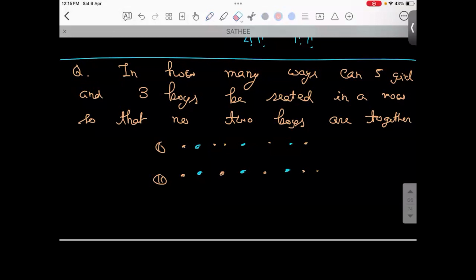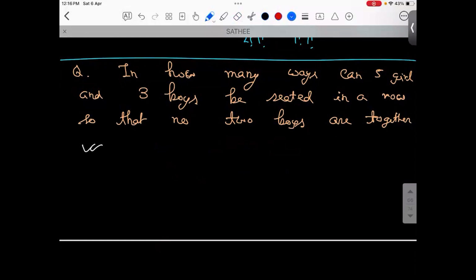Fine. So to solve this problem, how can we go? First choose the 5 girls. They can sit like this. Girls are denoted by red: 1, 2, 3, 4, 5.